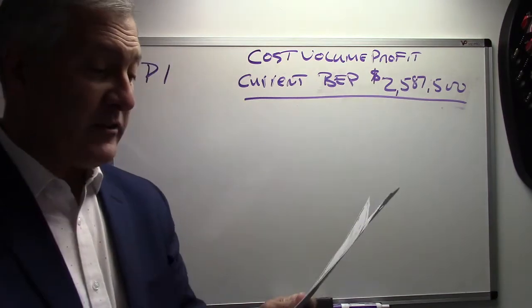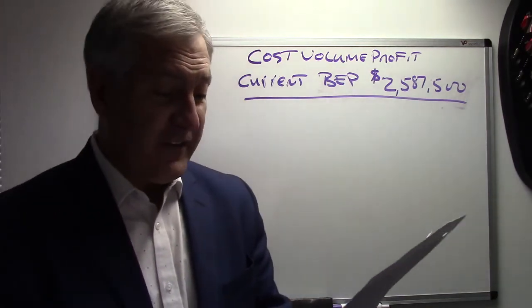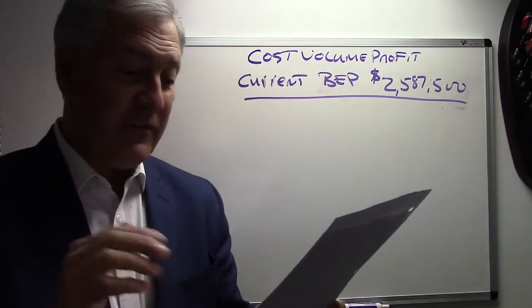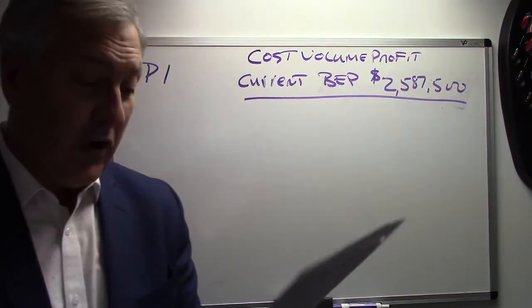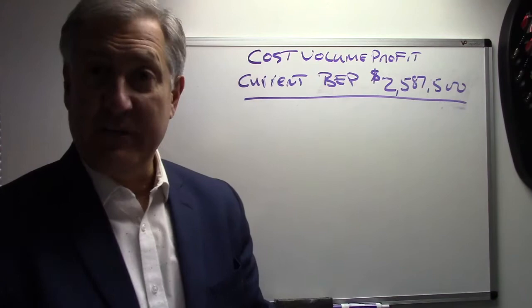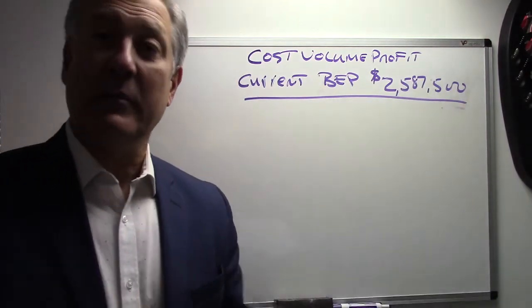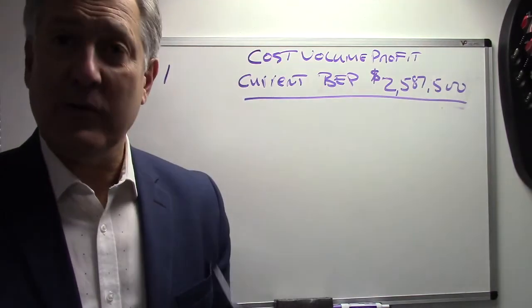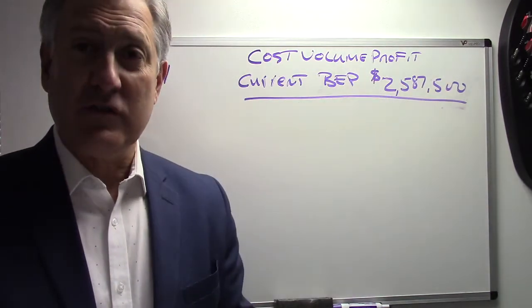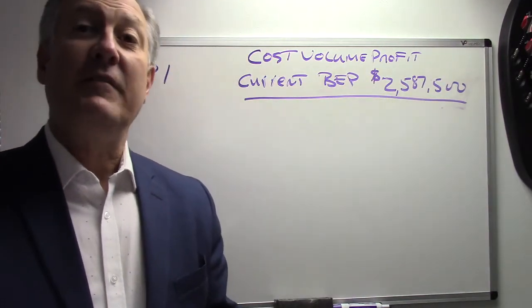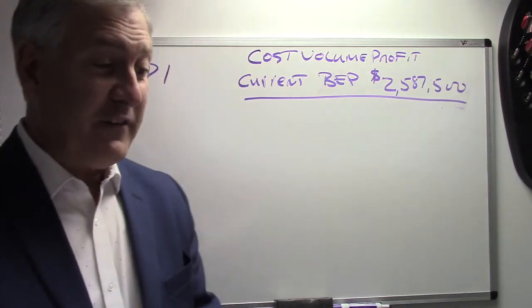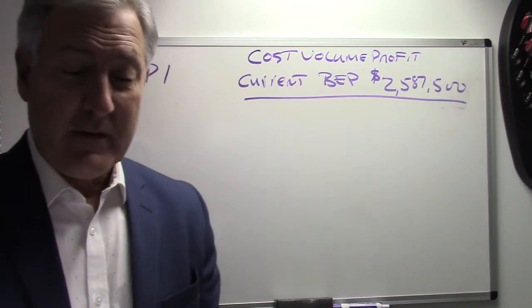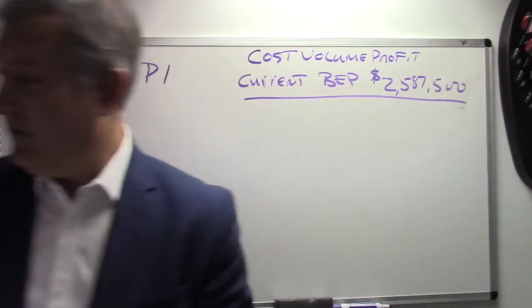Let's read it again: purchase new high-tech factory machinery that will change the proportion between variable and fixed cost of goods sold to 50-50, so it'll be exactly equal. We're going to calculate the total cost of goods sold, variable plus fixed, and then 50% of that number will be variable and 50% will be fixed.